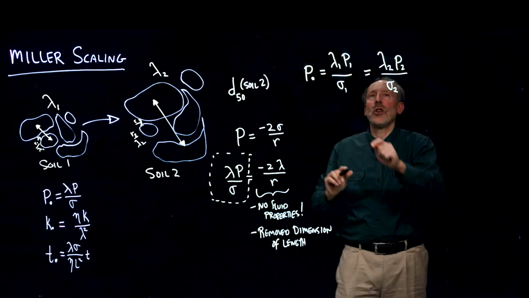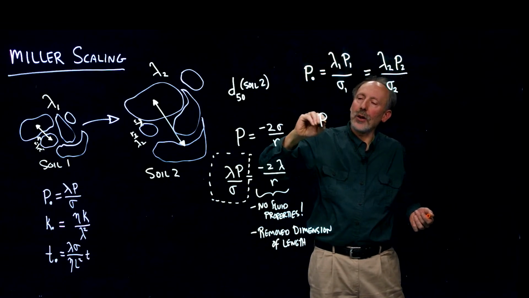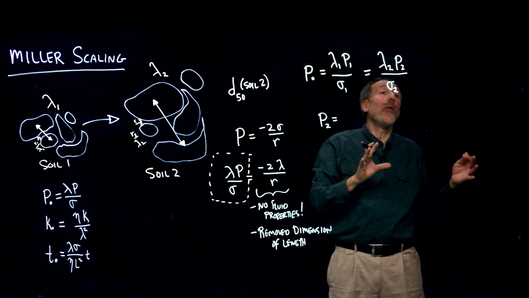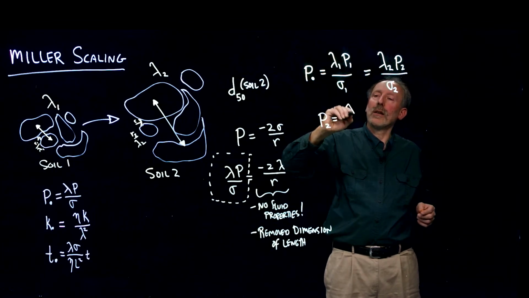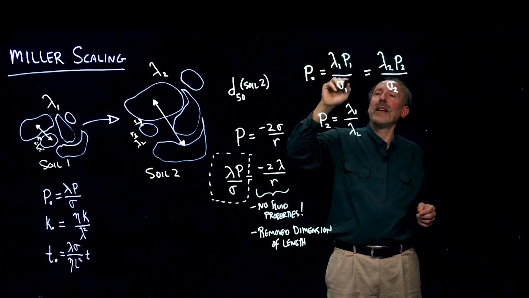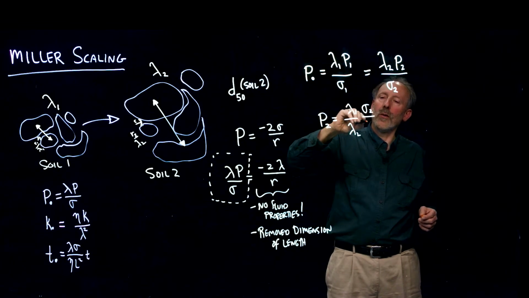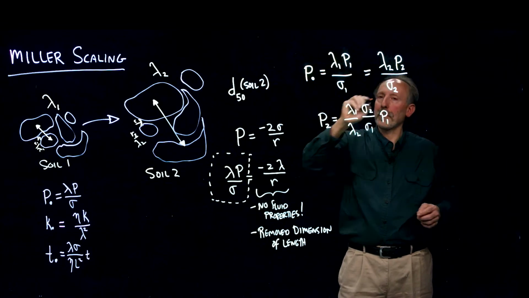And now we can solve for our P2, which is what we really wanted to get. So the pressure in the unknown case, in this new soil, is going to be just equal to lambda 1 over lambda 2 and sigma 2 over sigma 1 times P1.